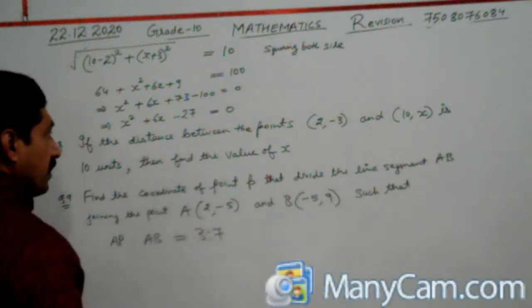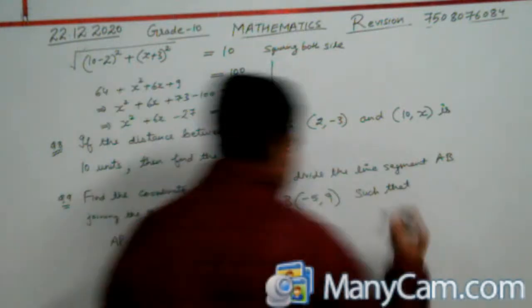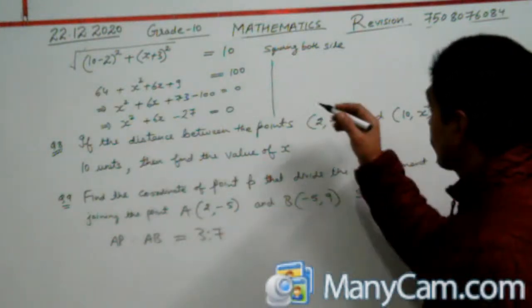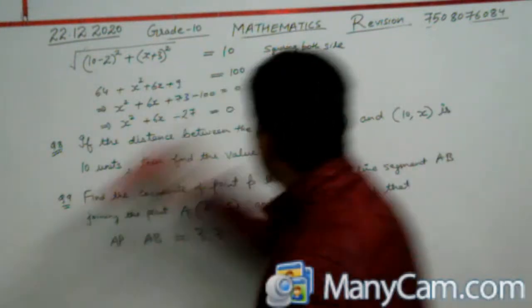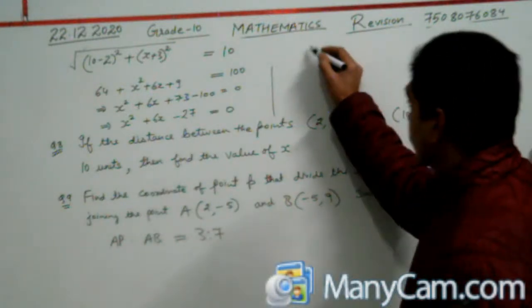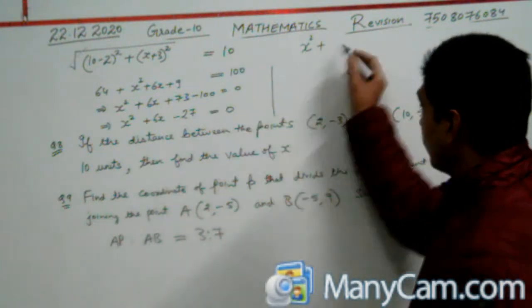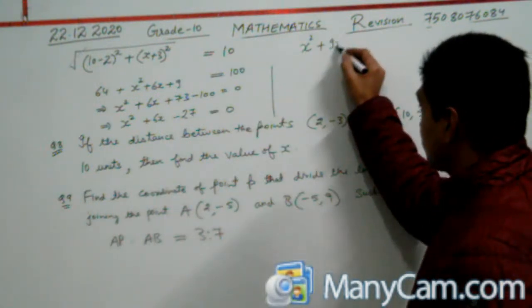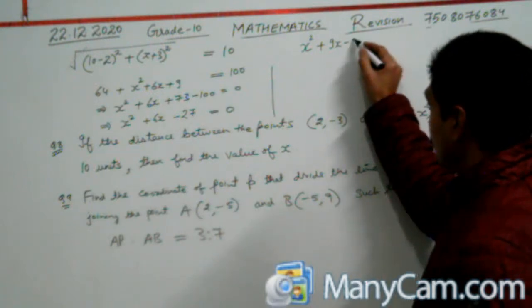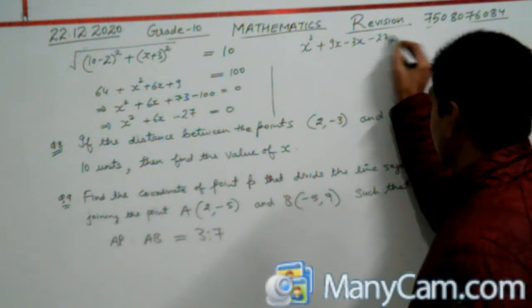We can factorize it by the middle term method. x square plus 9x minus 3x minus 27 is equal to 0.